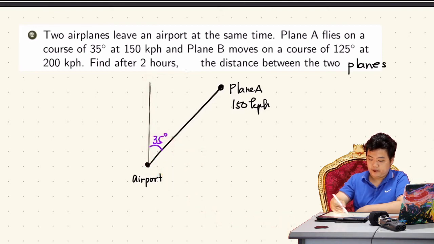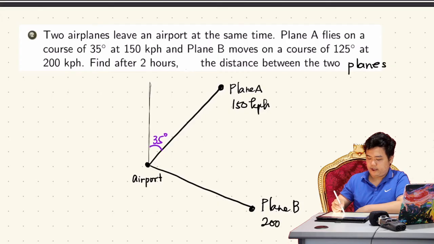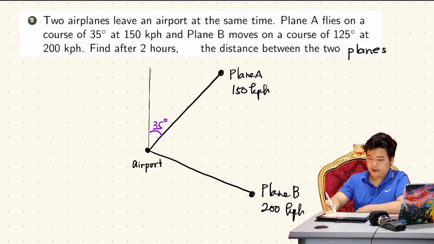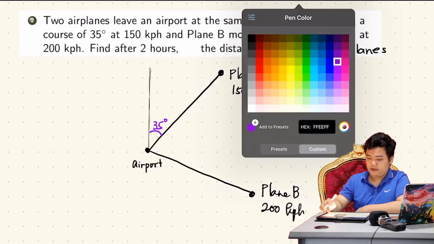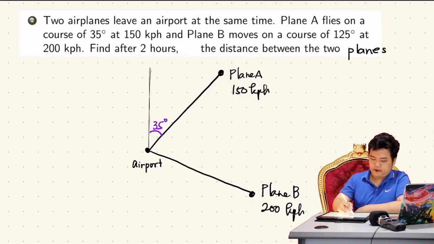Okay, so let me draw. Plane B, 200 kph, and yung course niya ay, so this is 125 degrees.